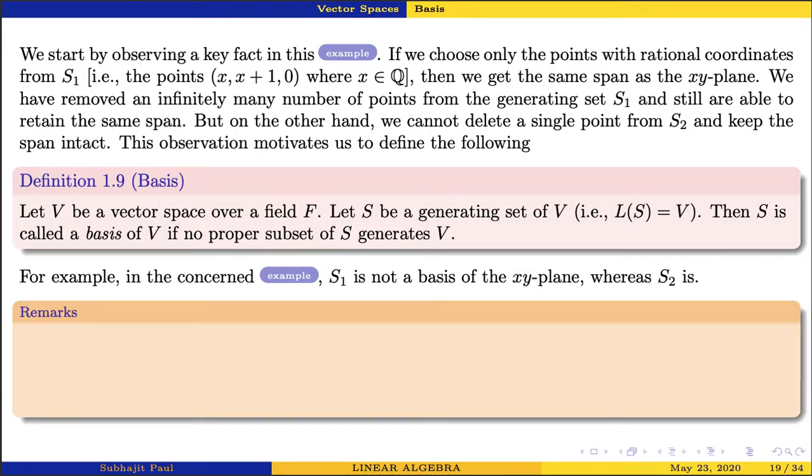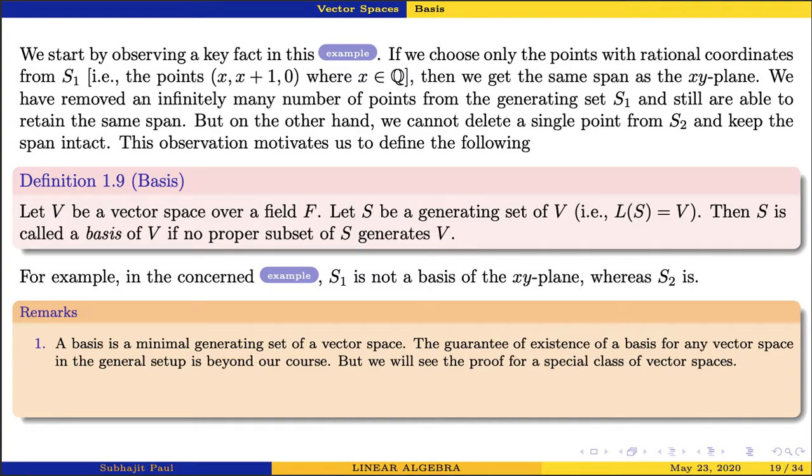So a few remarks. A basis is a minimal generating set of a vector space, the smallest generating set of a vector space. The guarantee of existence of a basis for any vector space in the general setup is beyond our course, but we will see a proof for a special class of vector spaces.